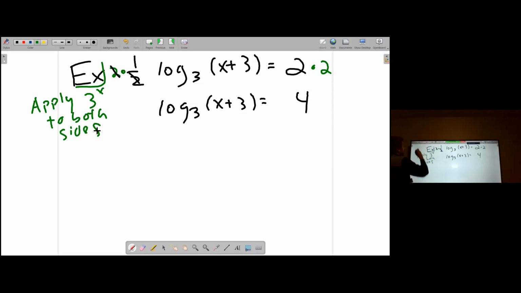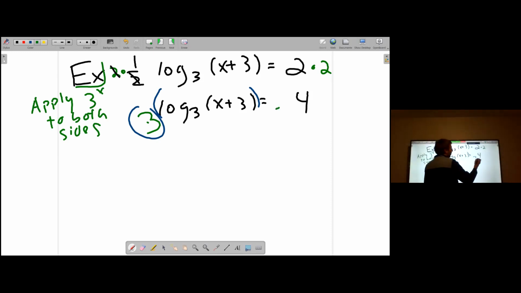And this is what it looks like. What I'm doing is I'm taking a base of 3 and I'm raising it to the log base 3 of x plus 3, so this whole thing is now the exponent to this 3. I have to do the same thing on the other side, so I take 3 to the 4th power. When I do that, this 3 cancels with that 3.